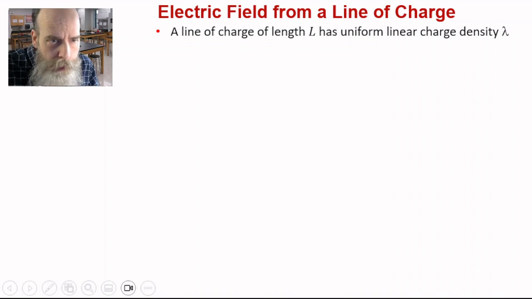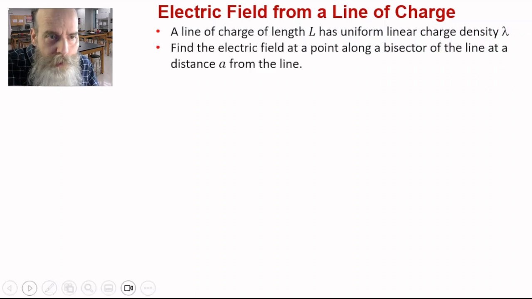Let's now continue with the same line of charge of length L. But now let's find the electric field at a point along a bisector of the line at a distance A from the line.